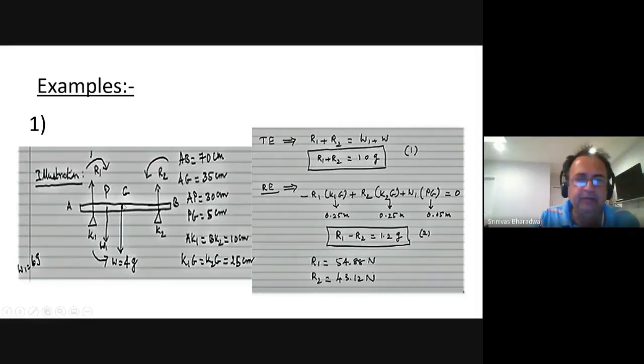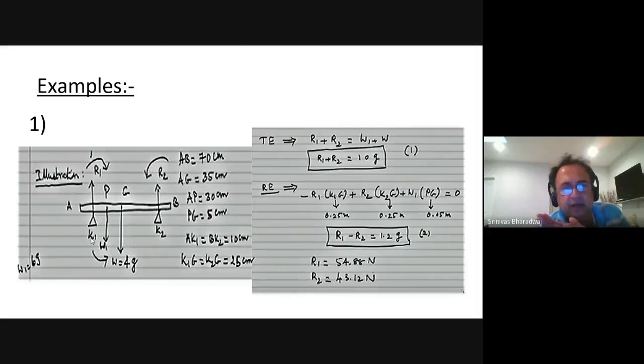And this one is R2 times K2G and R1 times K1G, right? So negative R1 times K1G plus R2 times K2G plus W1 times PG, right? So you must, of course, take care of the direction. W1 times PG is this way.